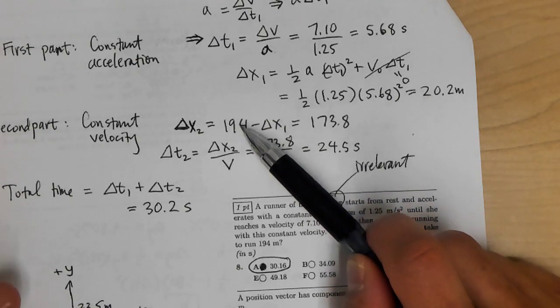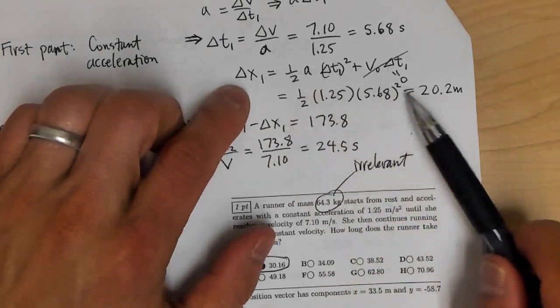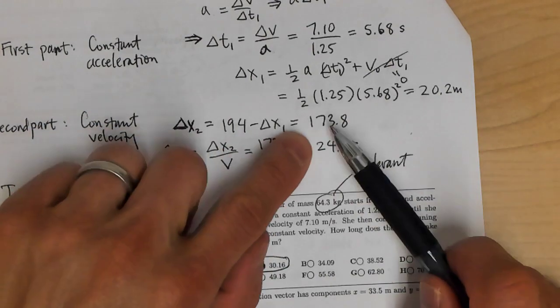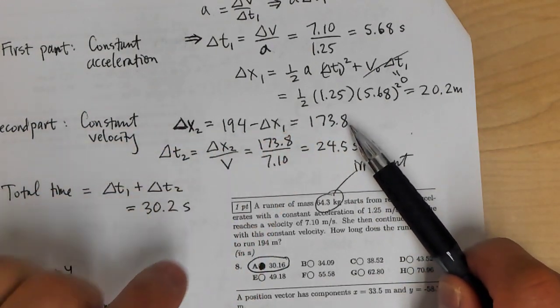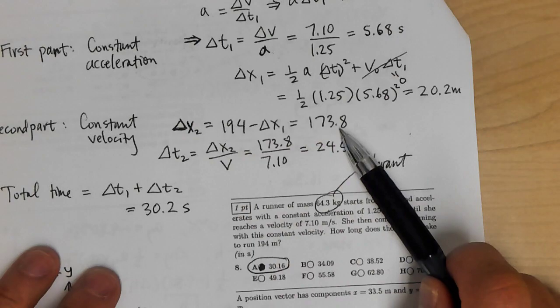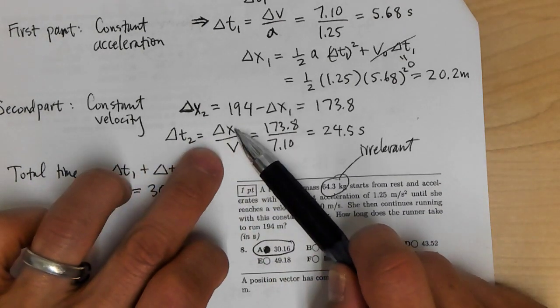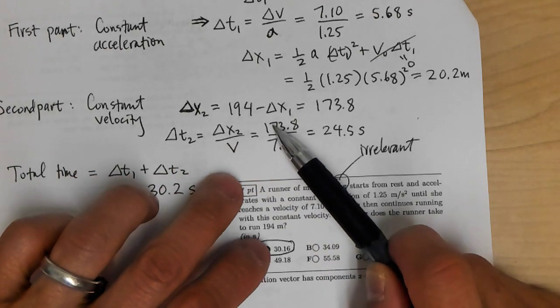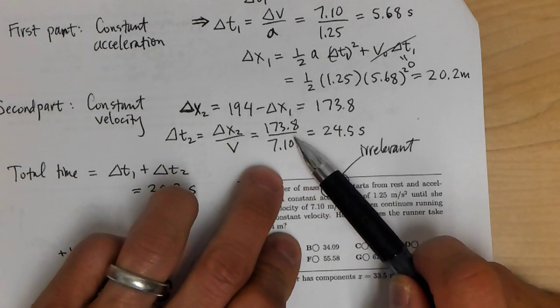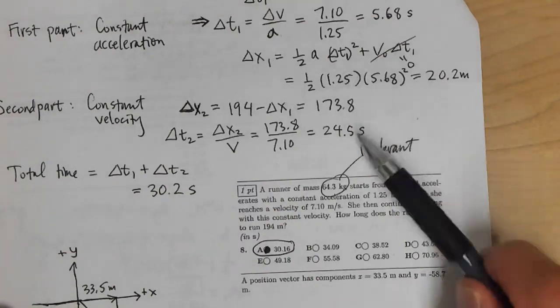So we take 194 minus the delta x1 that we calculated in the first part. That's 173.8 meters. That's how far we have to travel for the second part at constant velocity. So we can calculate delta t2. That's delta x2 divided by the speed: 173.8 divided by 7.10. That comes to 24.5 seconds.